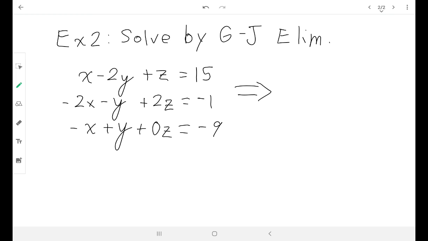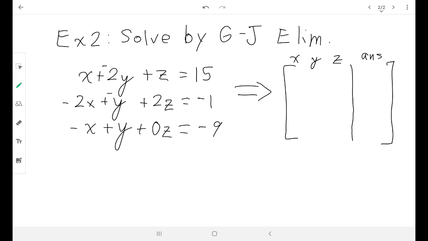So the nice part is that we already know how to create the augmented matrix. Let me turn all these minuses to plus, negative, and it's the same thing. It's the X's, the Y's, the Z coefficients, and then the answers, and that'll be our augmented matrix.